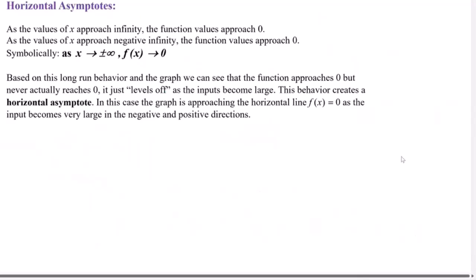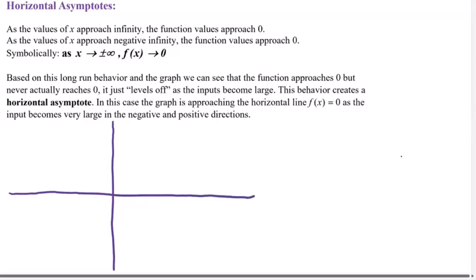All right, so now let's work on horizontal asymptotes. And we're going to do the same thing. We're going to use the same function, y equals 1 over x. Okay? And we're going to do it again a little differently. So this time, I'm going to start with x equals 1.